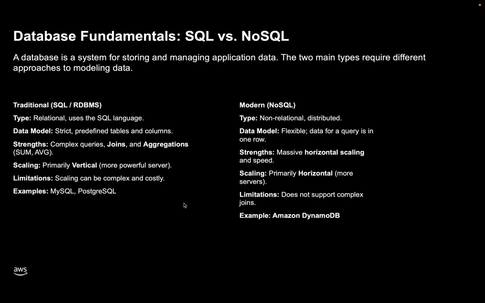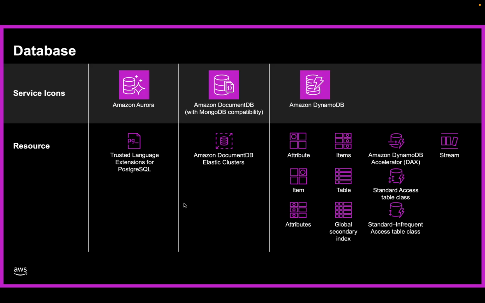Now let's go to the next slide. In this slide we are seeing the different kinds of databases available in Amazon Web Services. One is Amazon Aurora, which is a replica of the MySQL database, but compared to MySQL, Amazon Aurora is super fast, super efficient, and cost effective, and is trusted by many customers in the market.